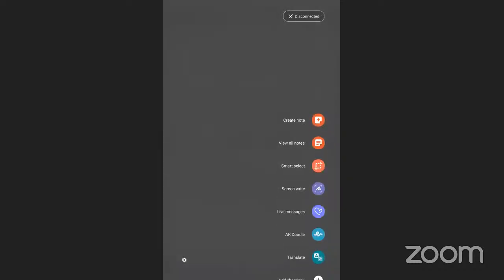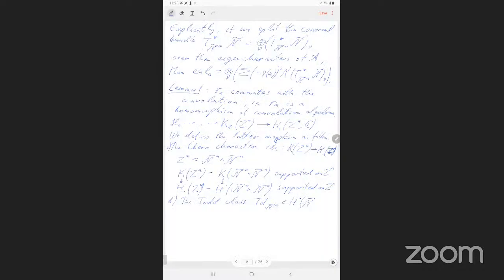Oops, sorry. Let's forget what to do. Easy. Okay, and again, I think we defined this Todd class in our topology class a couple of years ago, so I will not even recall what it is. Some expression in terms of Chern classes of the tangent bundle.